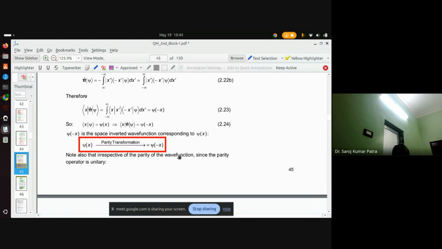The wave function goes from ψ(x) to ψ(−x). Position and momentum become: x becomes minus x, p becomes minus p, whereas L_Z, L_X, L_Y, or J_X, J_Y, J_Z, or spin, which is S_X, S_Y, S_Z, do not change under parity operation.